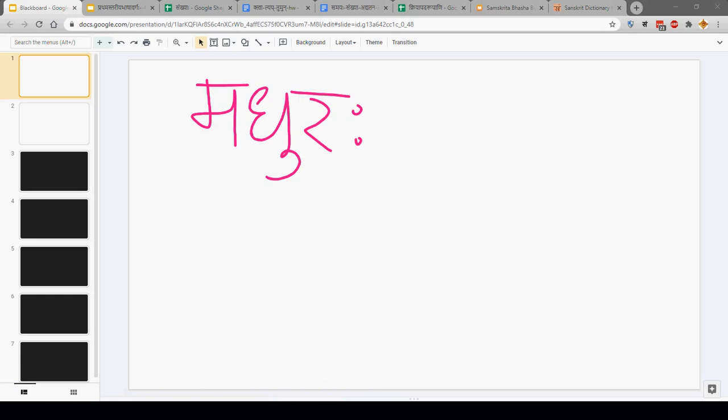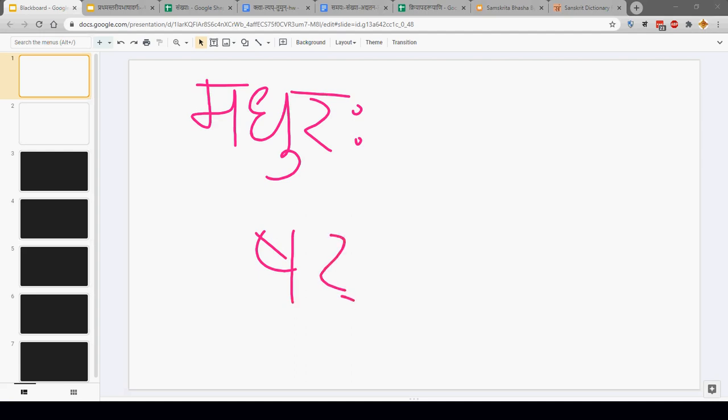Kasya ruchihi madhuraha. Sharkara is sugar. Sharkarayaha ruchihi madhuraha. Ruchihi means taste. Madhura is sweet. So we have looked at these different tastes: Madhura, Tikta, Katuhu, Amlaha, Lavanaha. So those 6 tastes we have looked at.